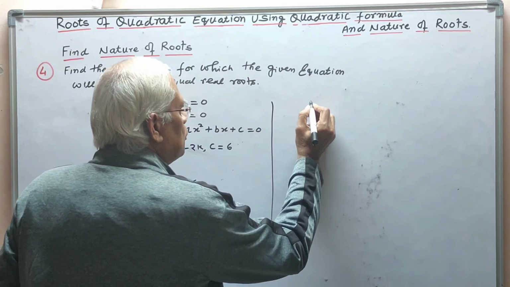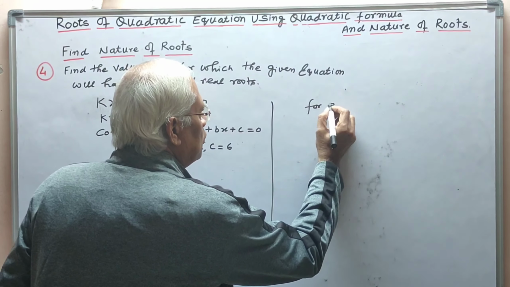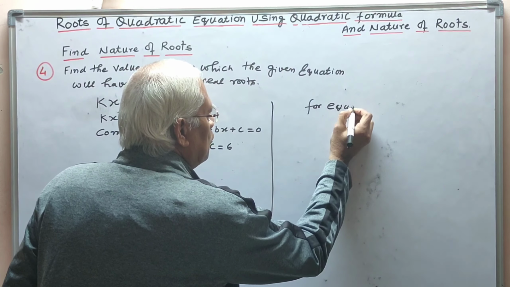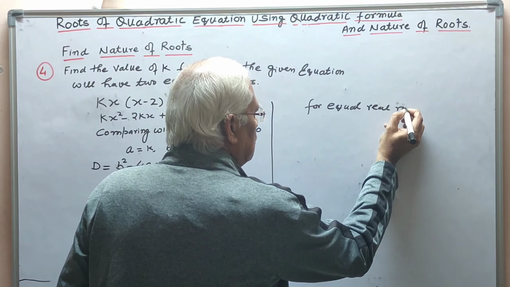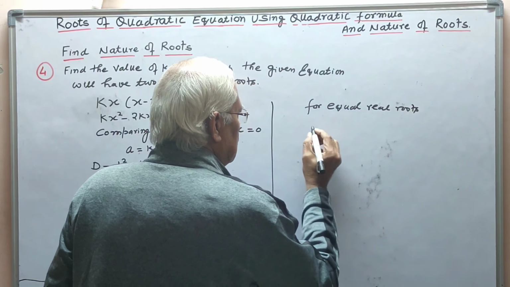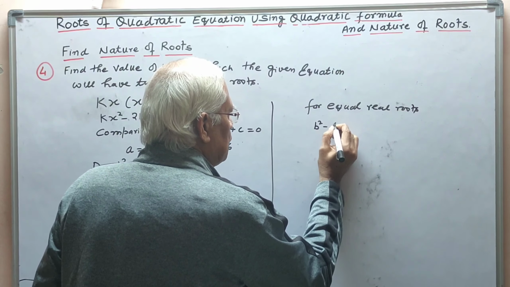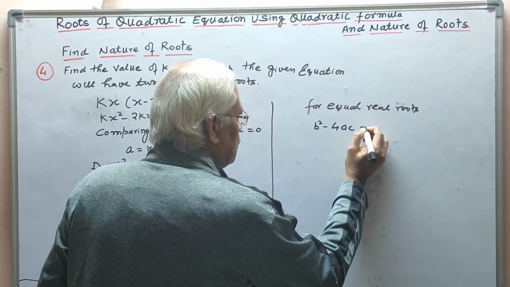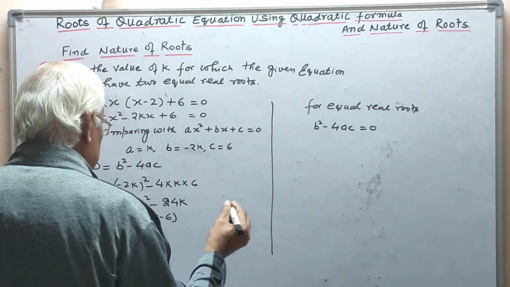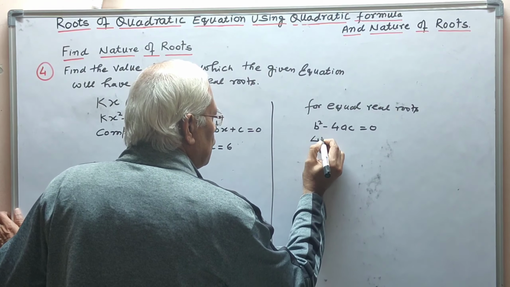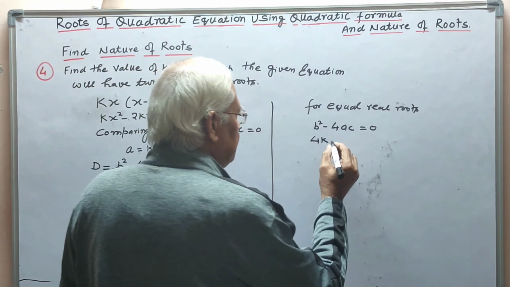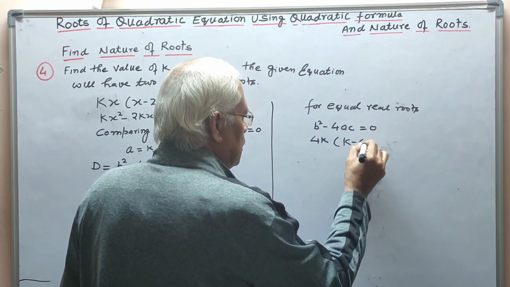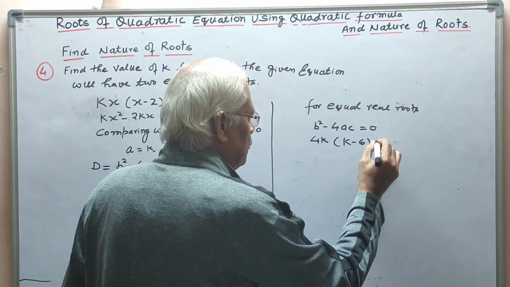For equal real roots, b square minus 4ac should be 0. So this is 4k into k minus 6, k minus 6 is equal to 0.